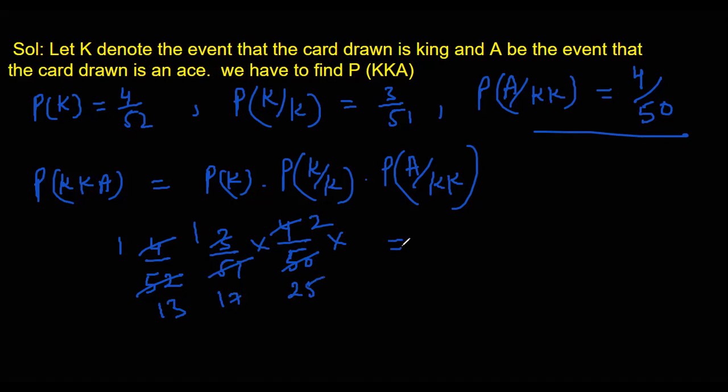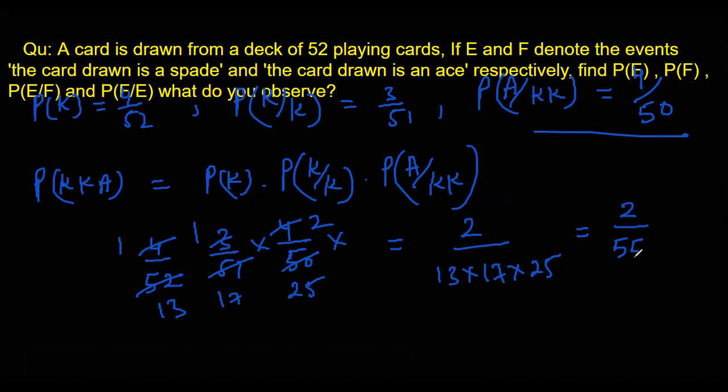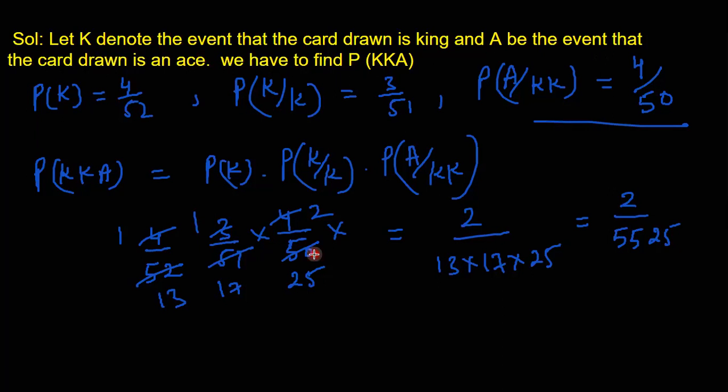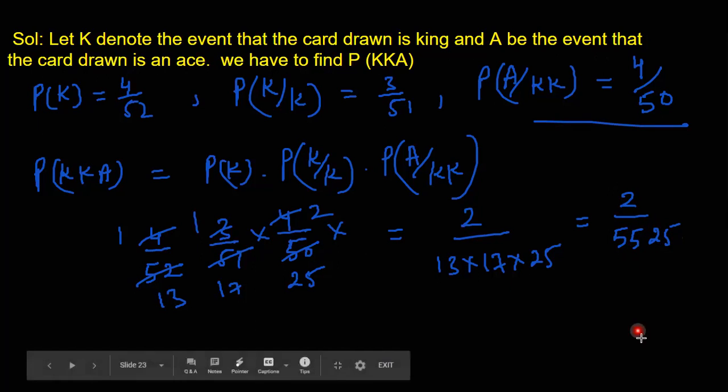All right, so it comes to 2 divided by 5525. So we got the probability of drawing the first two cards as king and the third card as an ace: 2 by 5525.